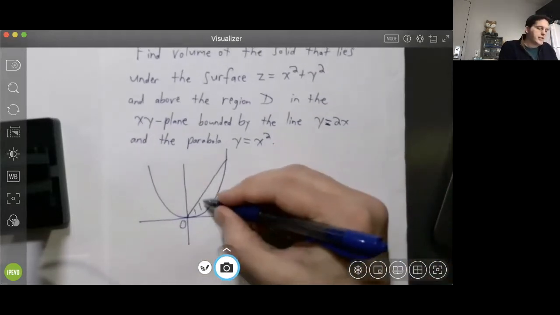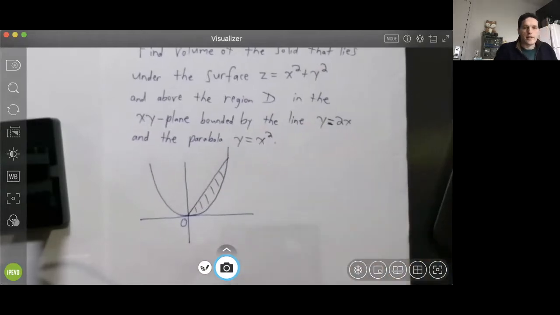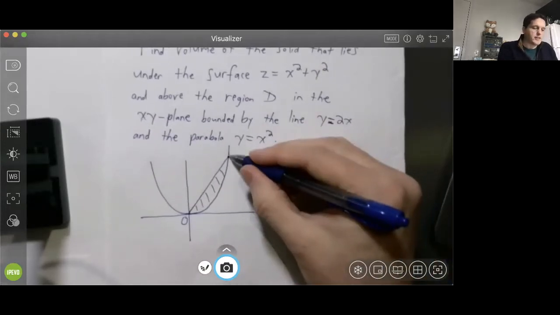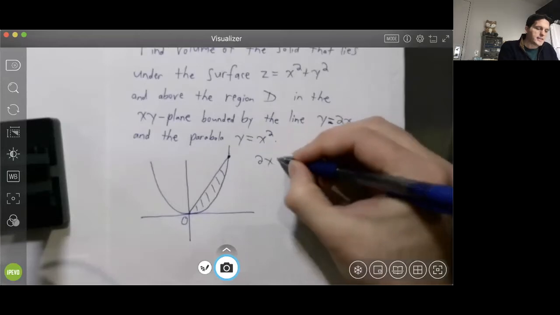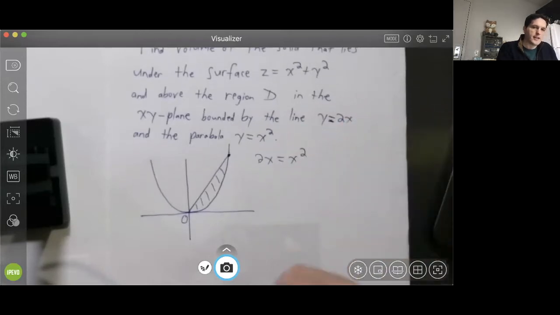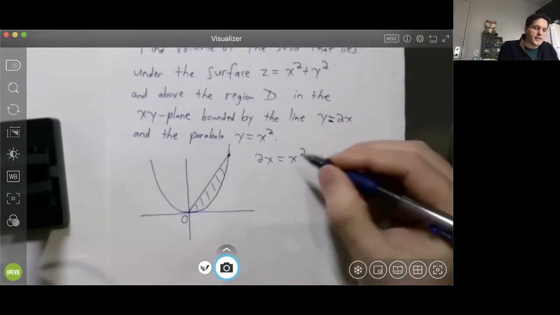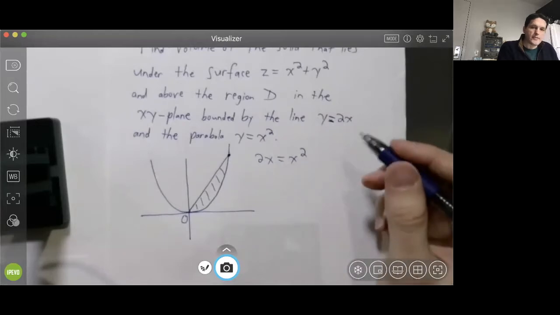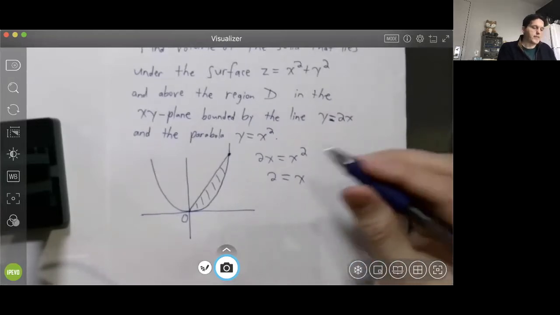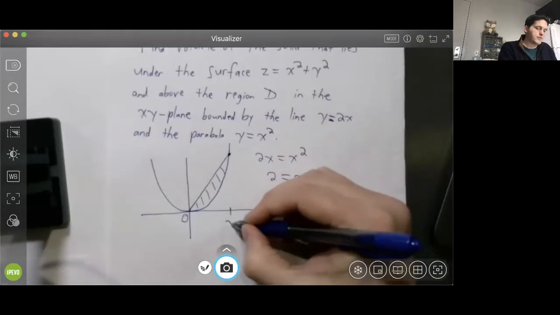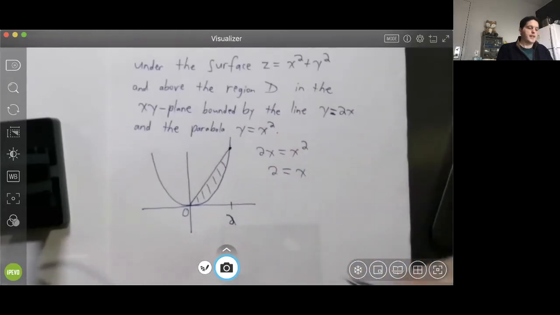So here's our region D shaded in right there. And let's find this point of intersection. At this point of intersection, we have 2x = x². So assuming x is non-zero, let's divide both sides by x, and we'll get 2 is equal to x. Okay, so here x is equal to 2.